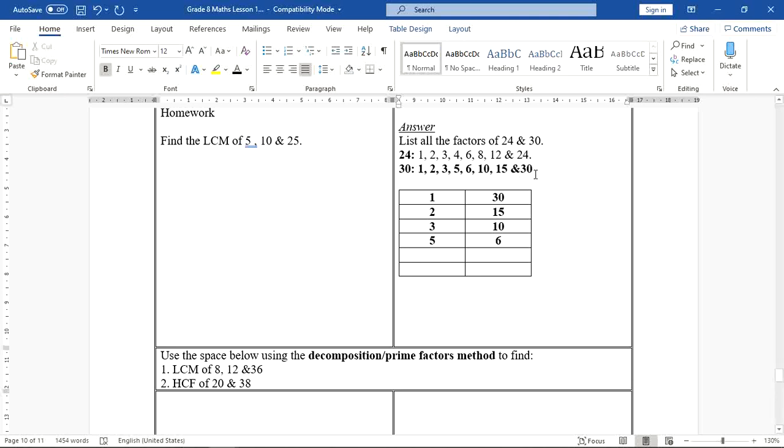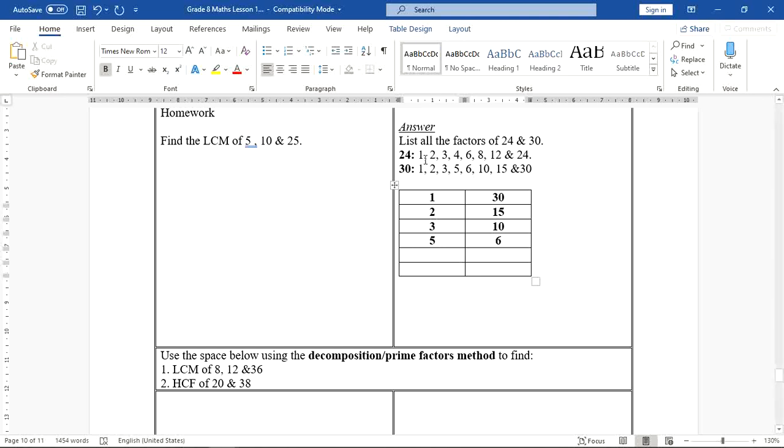Right. Let me just unbold them. Great. So those are the factors of 30. So let's see. 1 times 30 is 30. 2 times 15 is 30. 3 times 10 is 30. 5 times 6 is 30. Okay. So all these are factors of 30.